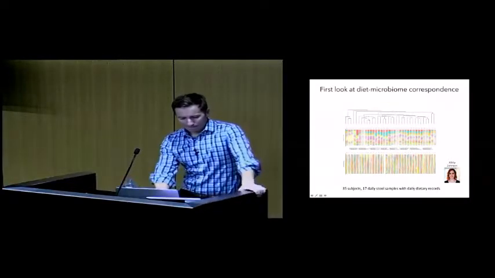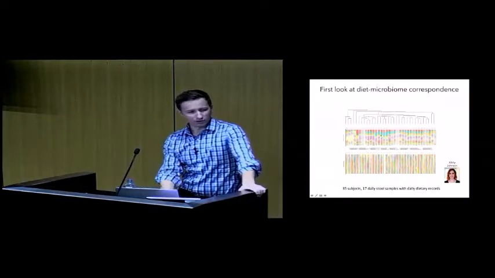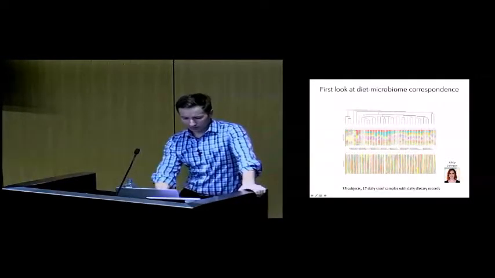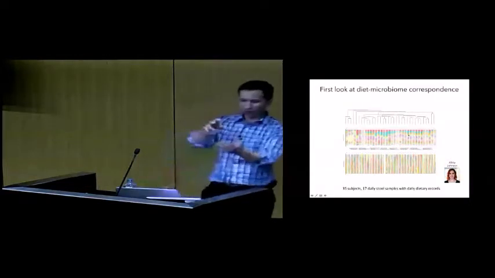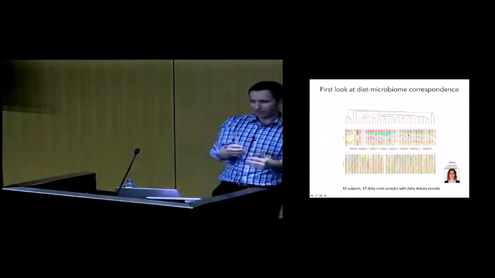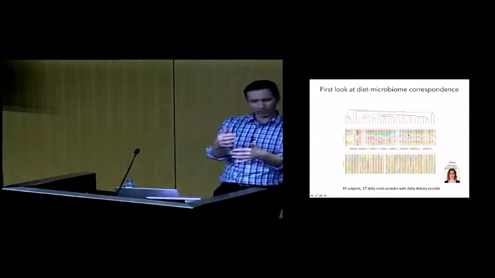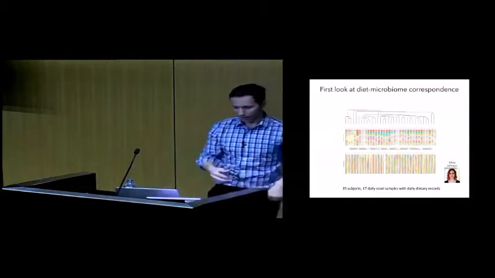Well, they're different. There are some shared species. You can see this red one; a lot of people have that one. This teal one, a lot of people have that one. So there are some shared species, but everybody has their own fingerprint. It's maybe some of the same species, but different ratios. And they tend to keep it over time.